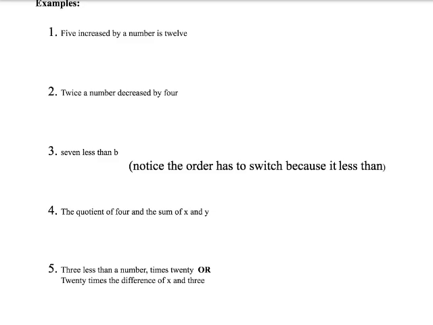So let's look at some examples here. Number 1 says 5 increased by a number is 12. They don't tell us what variable we have to use, so we can use any variable we want. To represent a number, I might choose to use x. So 5 increased by x is 12.